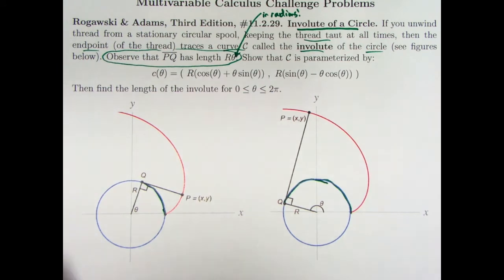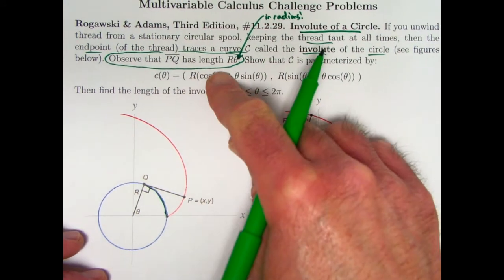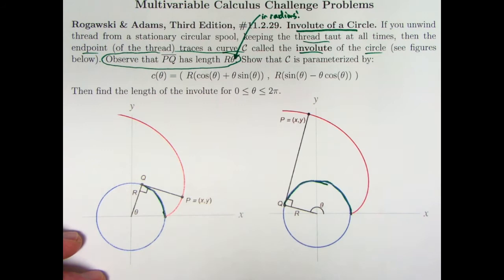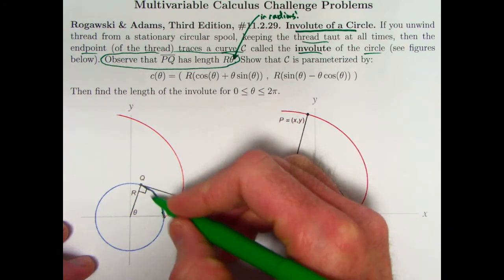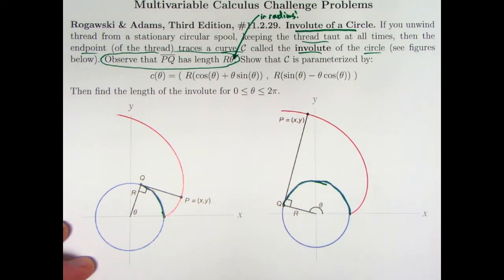So you can think proportionally like that. The author is just wanting you to trust this formula, but I hope that makes some sense. Okay, so when theta is in radians, r times theta is the length of this arc, which is the same as the length of the unspooled thread, the same as the length of the line segment from P to Q.